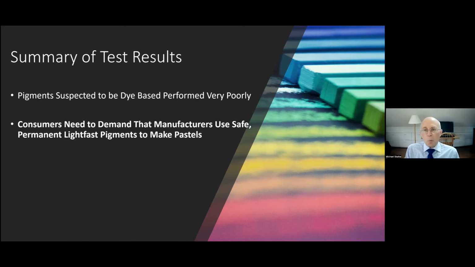Now, why were pigments performing poorly? We did not do analysis, but we suspect that those pigments that did poorly were dye-based. We know that fabric dyes will fade over time. We know that dyes in general do fade over time.